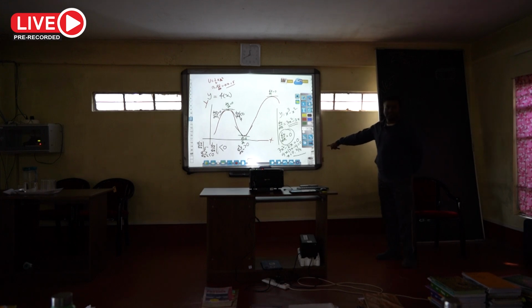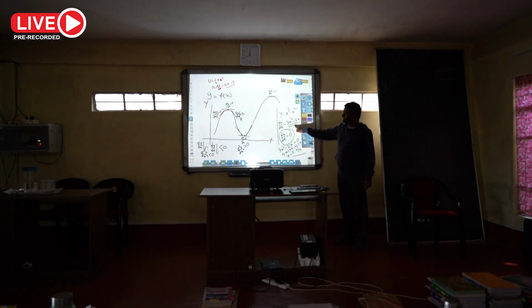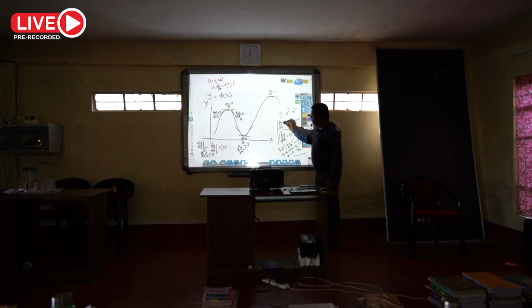Now you can check this function. I have already calculated the stationary values. Now I want to calculate the double derivative and check at these 2 points whether it is positive or negative.